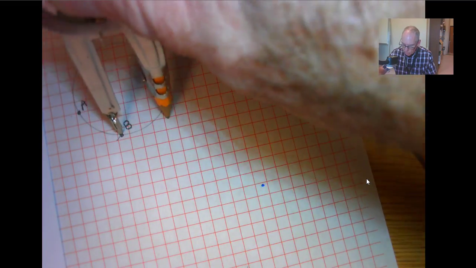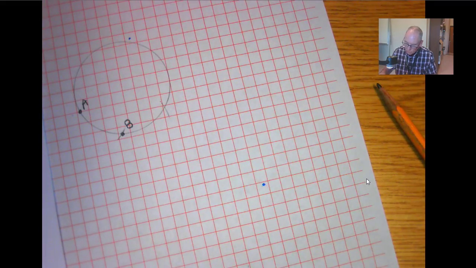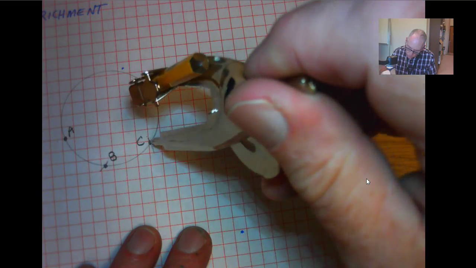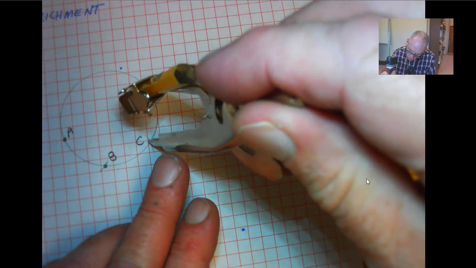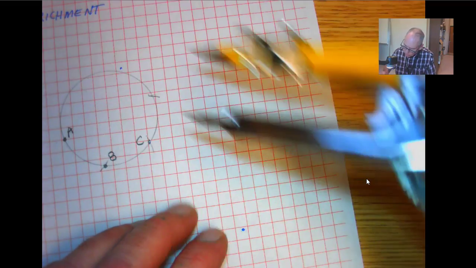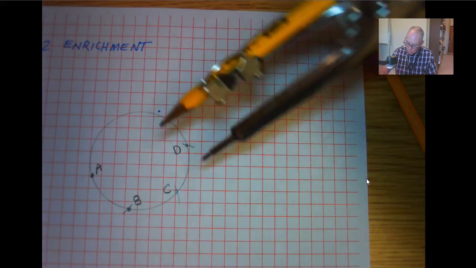So the radius hasn't changed on the compass. We're just going to mark off congruent arcs on the circle that are all the same radius as the original circle. So we're going to do point D. Be careful not to put too much pressure on the point part of the compass so it won't spread out.